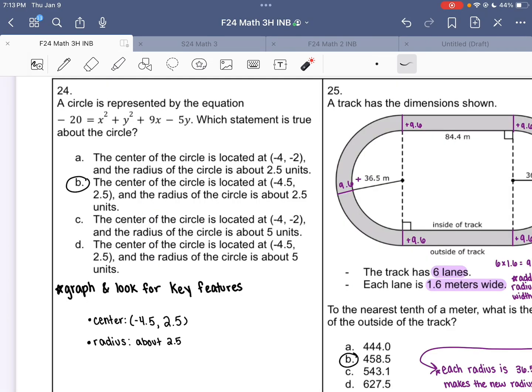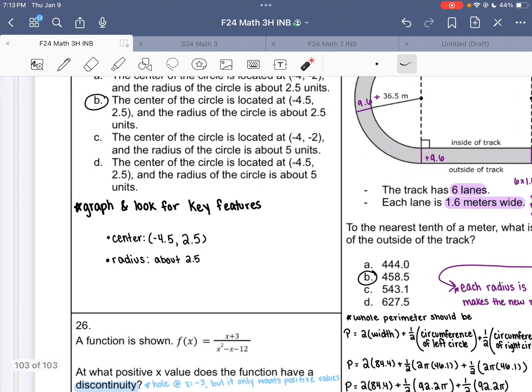Number 24 is another type it in Desmos situation. So this is a circle, and you're going to take that whole thing and type it in, including the part that says equal to -20. Do not split this in half. So you need to analyze the circle in Desmos and guesstimate where the center is and what the radius is.